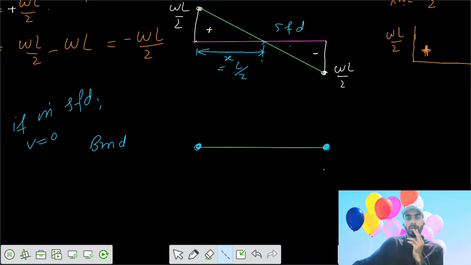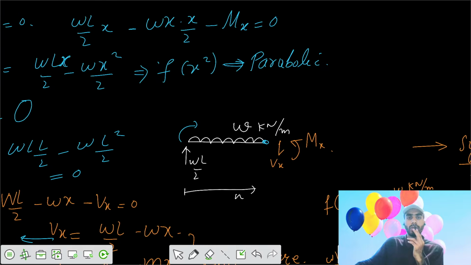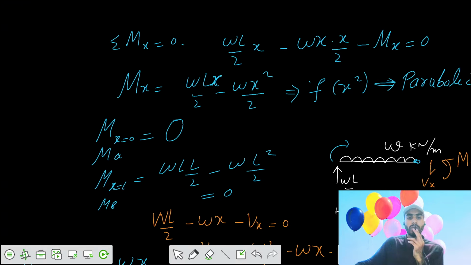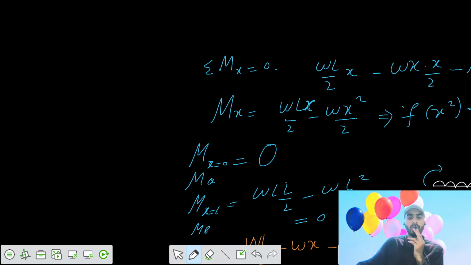So we got one more critical point at x equals L by 2. We want to find the value of the bending moment at x equals L by 2. Substituting x equals L by 2 in your bending moment equation, we can calculate the moment at L by 2.